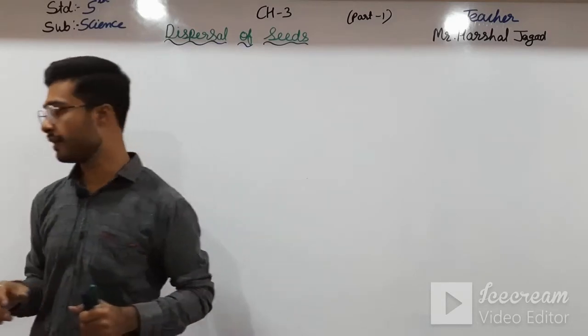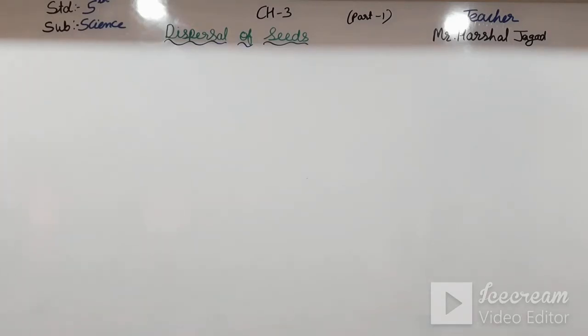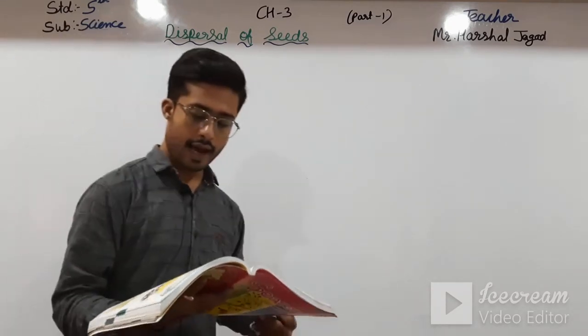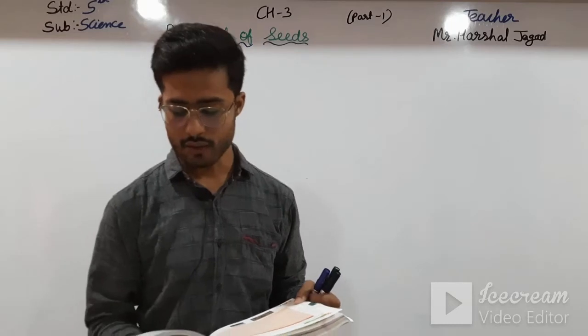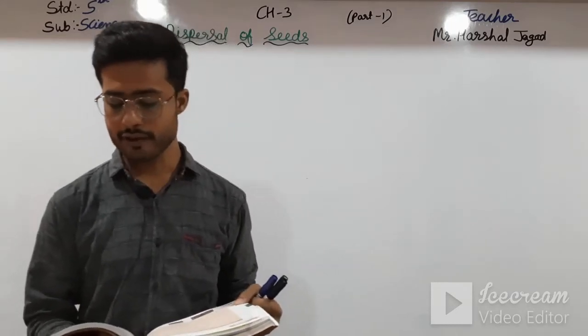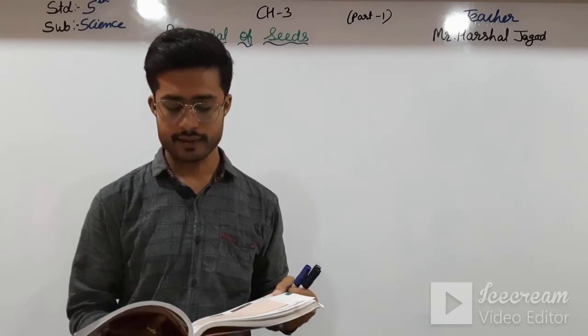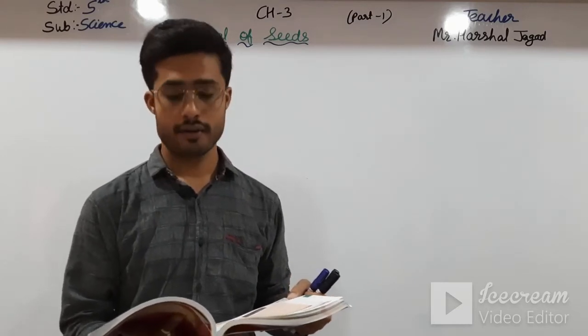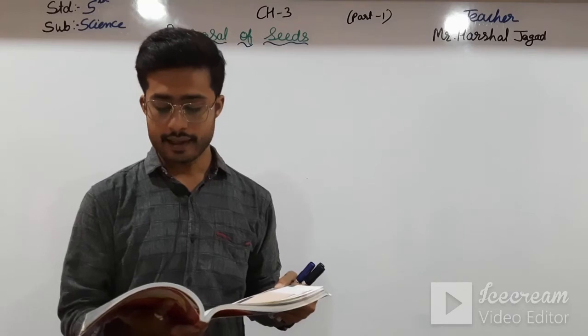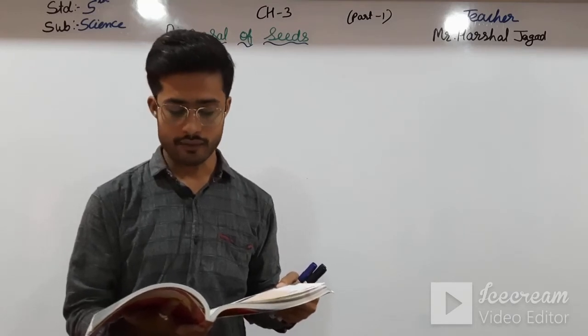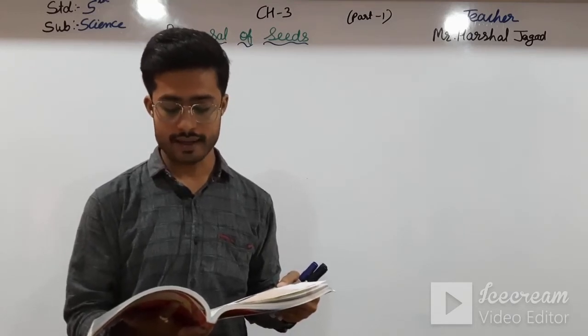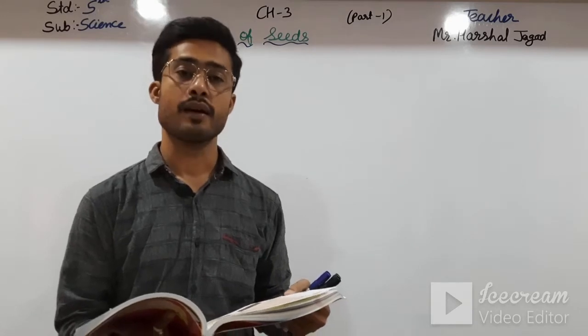Let us read the first paragraph of your textbook. See here students: have you ever seen a single mango or a banyan tree growing in a large field? Have you wondered how that single tree came there? Was it planted there? No, the seed could have reached there by chance, by some method or the other.